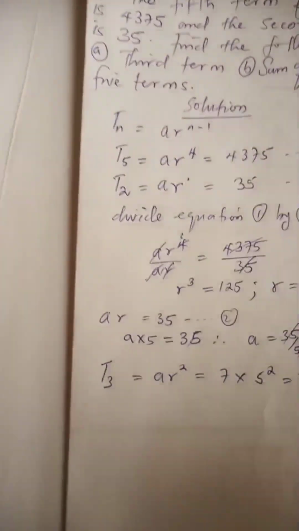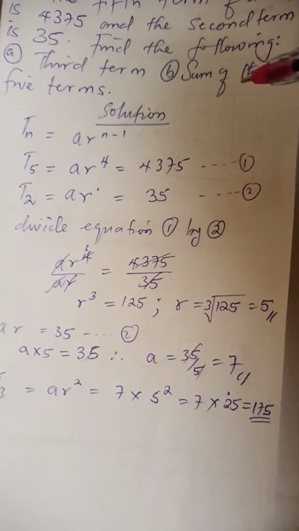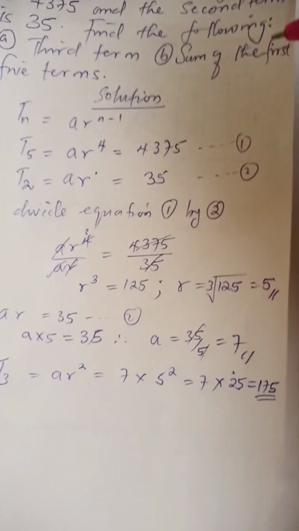Now let's go to the next option, which is option B. Option B says we should find the sum of the first 5 terms.